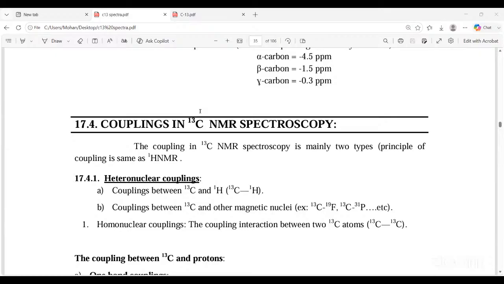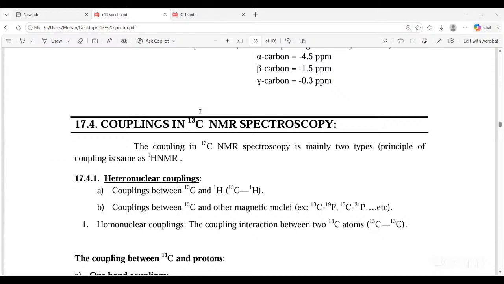We are comparing only these carbons attached with different halogens. The difference in the chemical shift values of these three carbons is due to the attachment of the electronegative atoms. So with the increase of electronegativity, the chemical shift values of the carbon increase.